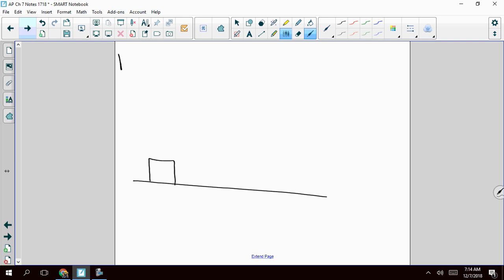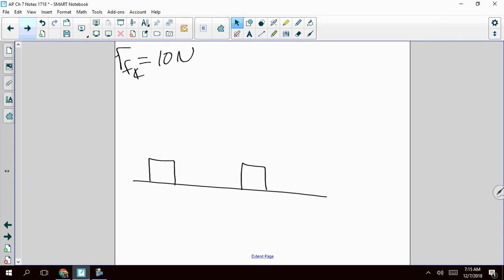So let's suppose that our force of kinetic friction is, I don't know, 10 newtons. All right, so what we're going to do is push this thing forwards a distance of 5 meters. And the idea is, while it's moving forwards, my force of friction the whole time is going to be this way.